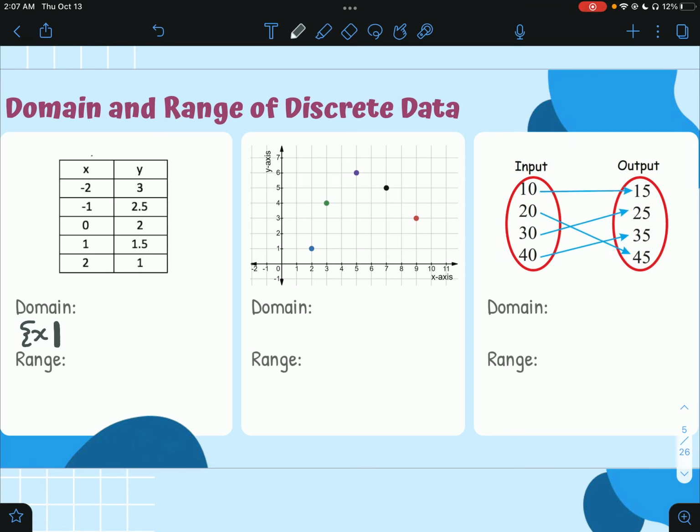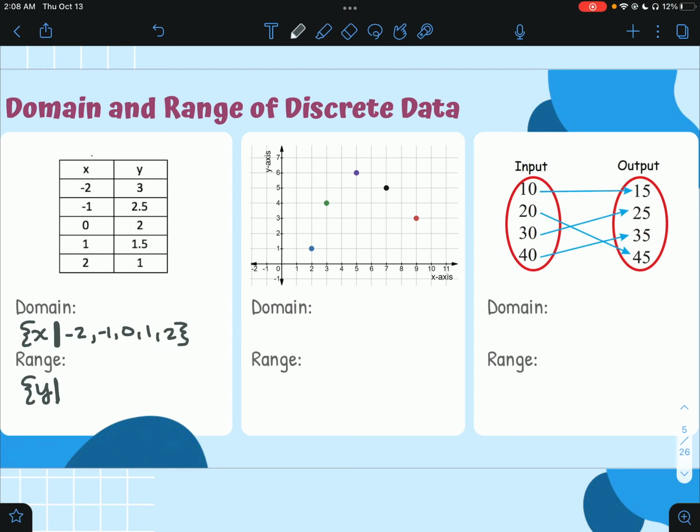And we list our X values, -2, -1, 0, 1, and 2. We can clearly see these X values in our table. We're going to do the same thing for range, except we remember that range is Y. So we'll set this up as Y. And we're going to list our Y values.